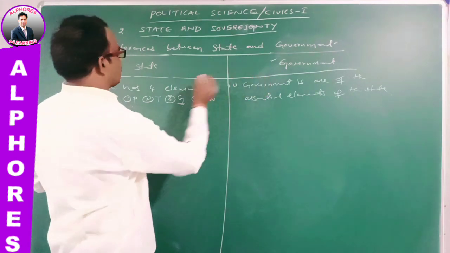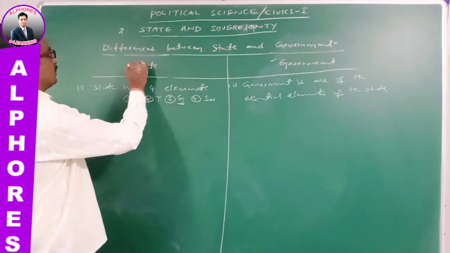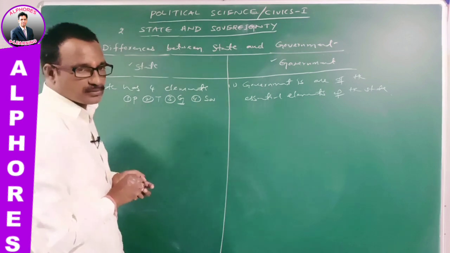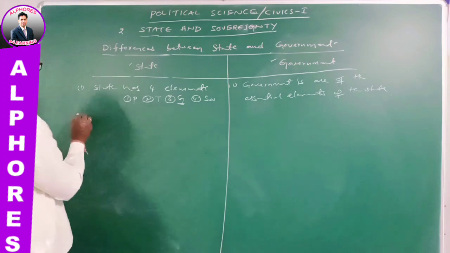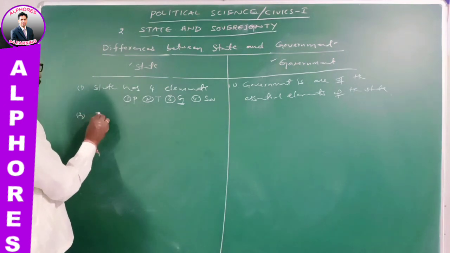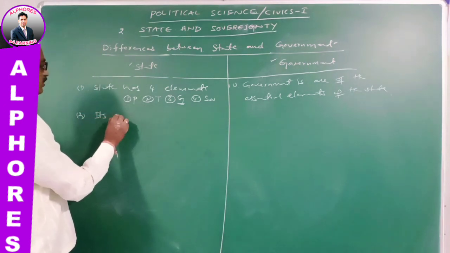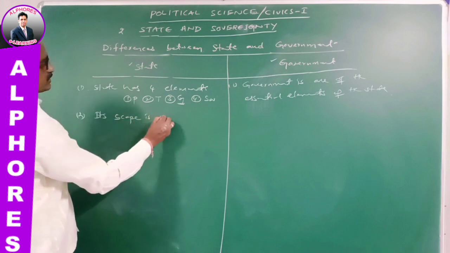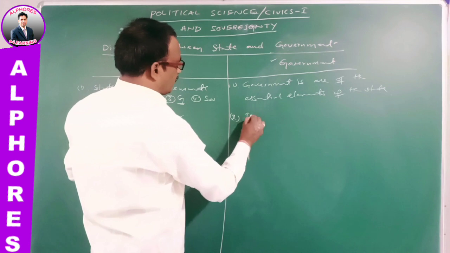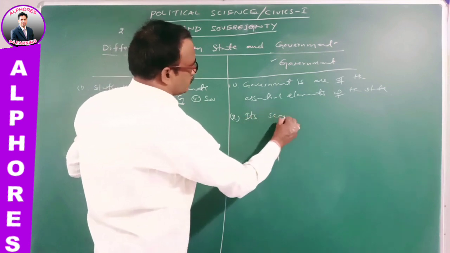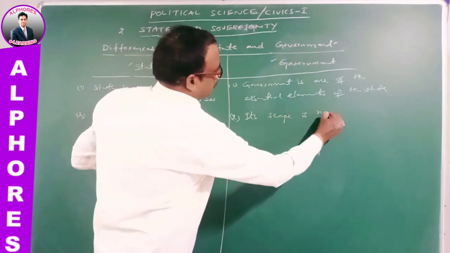So government is a part of the state, and so the state's scope is wider, whereas the government's scope is narrow.